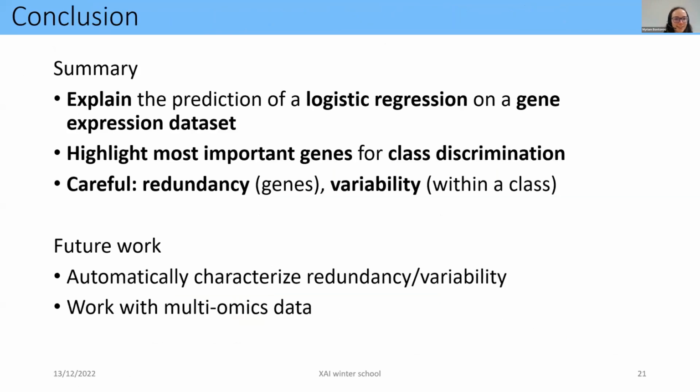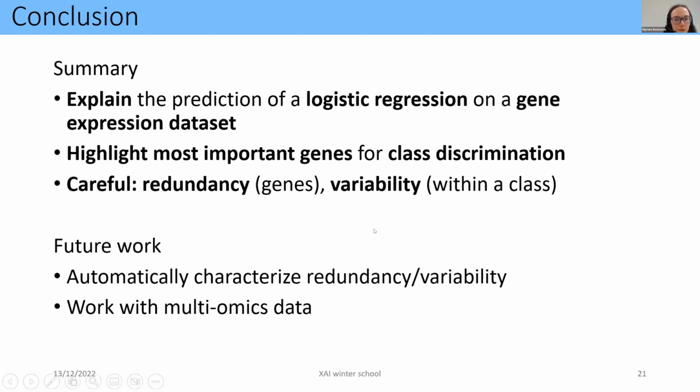To conclude, sorry, I went a bit long. Here I just showed you small experiments where we try to explain the prediction of a logistic regression on a gene expression data set. And we show that we are indeed highlighting the most important genes for class discrimination from the point of view of logistic regression.